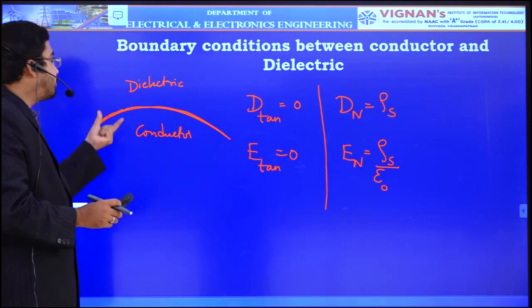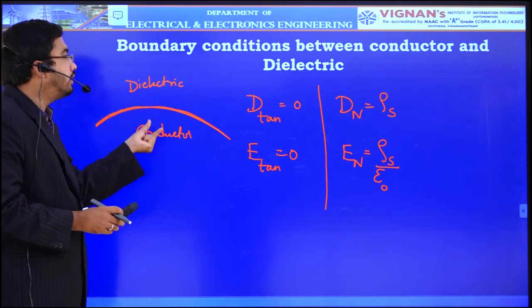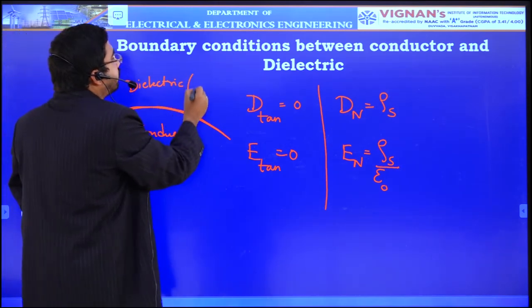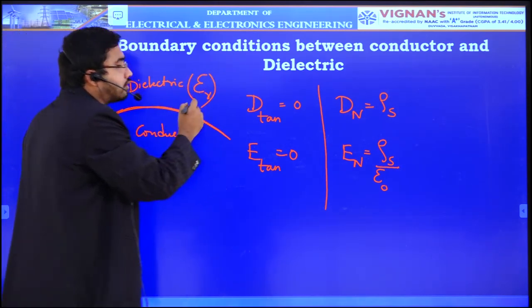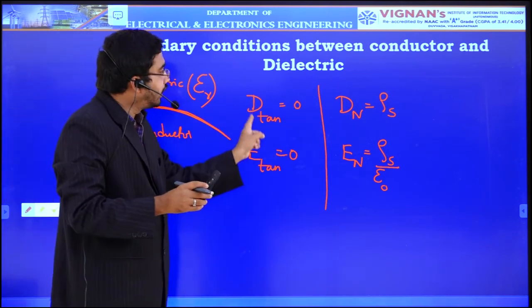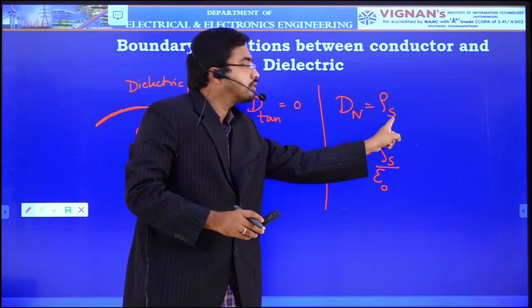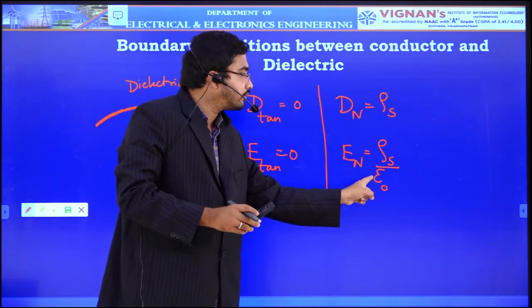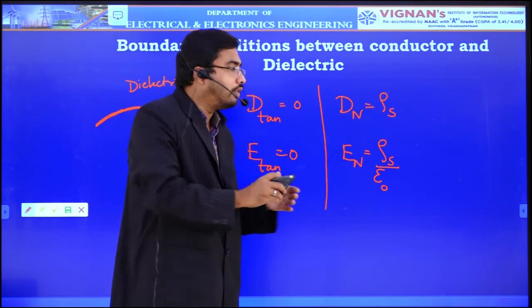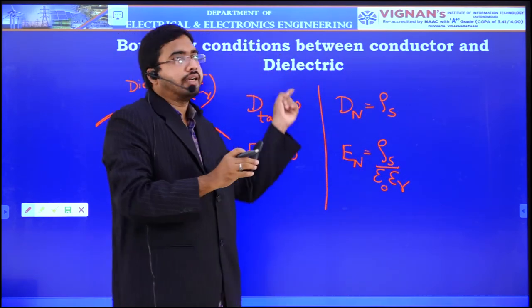Just instead of free space, what you have kept now? Conductor and dielectric. The only change is that the dielectric will have some relative permittivity epsilon r, that's all. Remaining all are the same. So these conditions are the same: D tan equal to 0, E tan equal to 0, Dn equal to rho s. Just here, instead of writing epsilon naught, we will also include epsilon r, for conductor and dielectric.